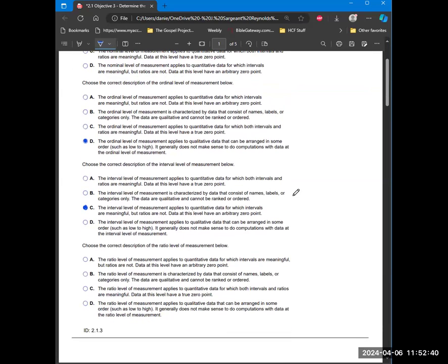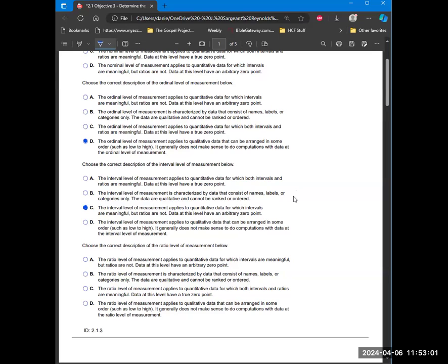So that would be a difference between a true 0, which we're going to see with ratio, and an arbitrary 0 that we see, like choose 0 to be the freezing point of water on the Celsius scale, for instance.